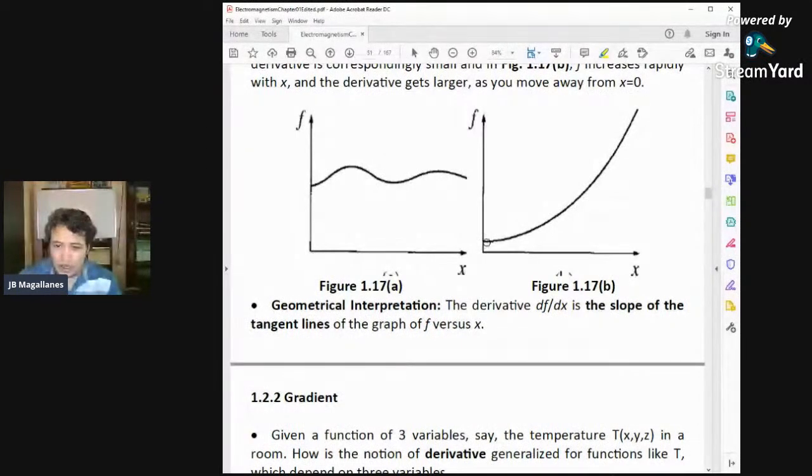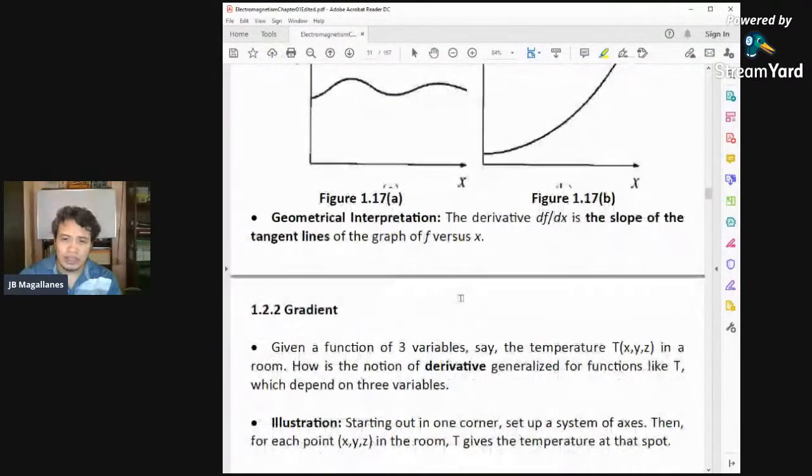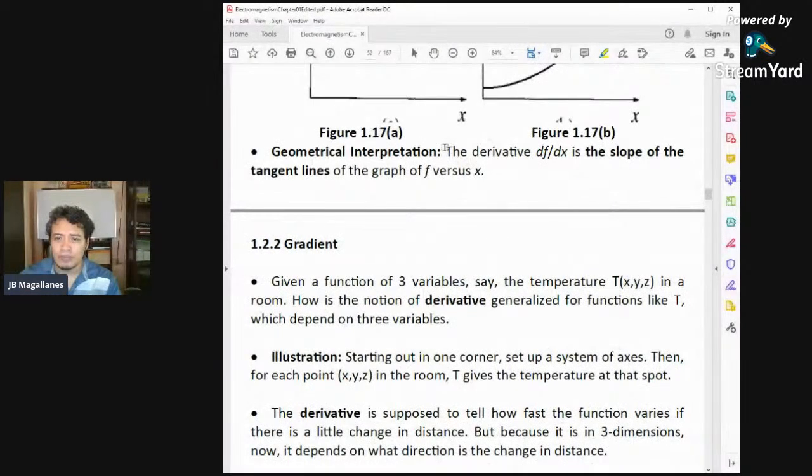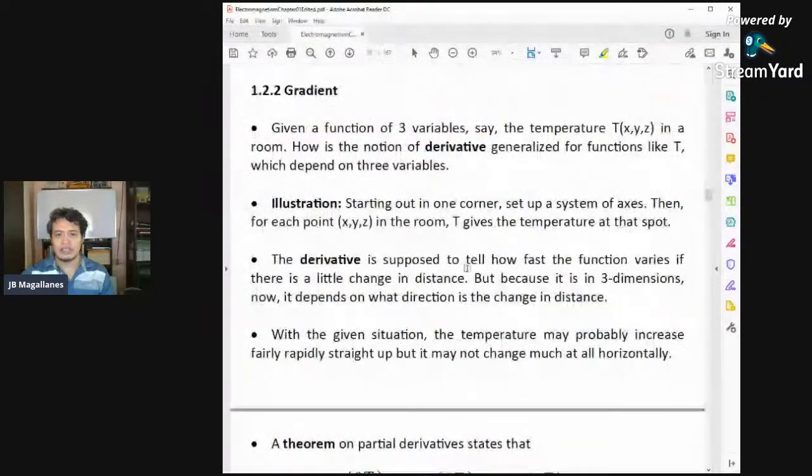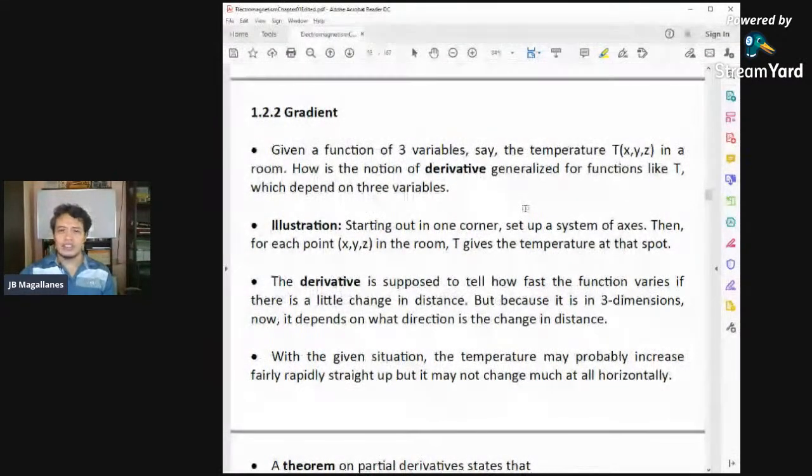But here, your slope goes from 0 or a very small number to very high in this graph. So you can get the behavior of the slopes here by getting the derivative. So geometrically, the derivative is the slope of the tangent lines of the graph f versus x. I think that you know that in your calculus class. Now we go to the gradient.